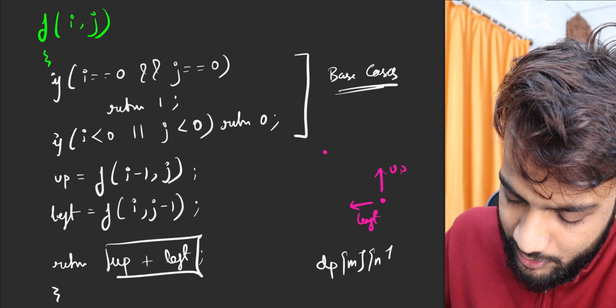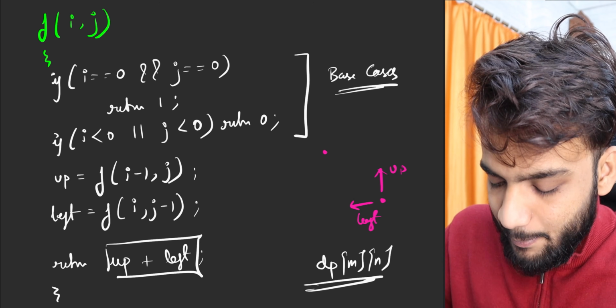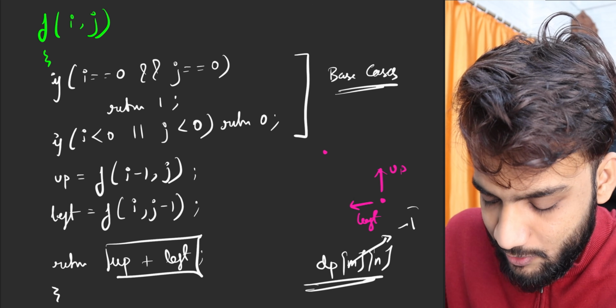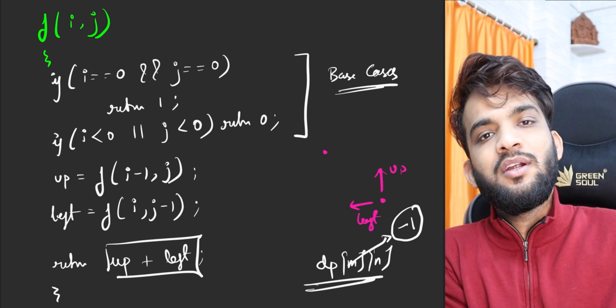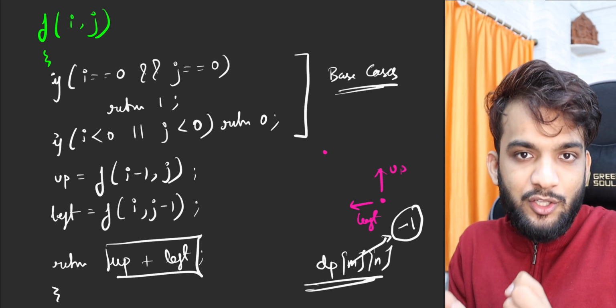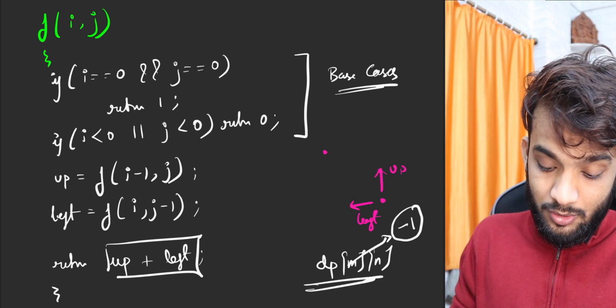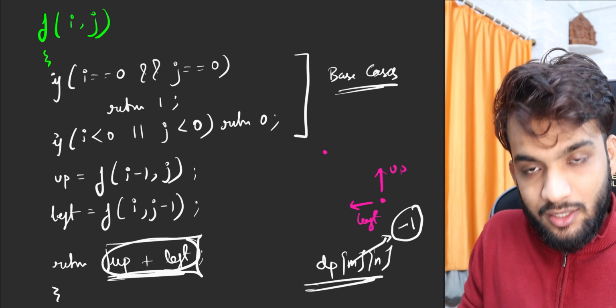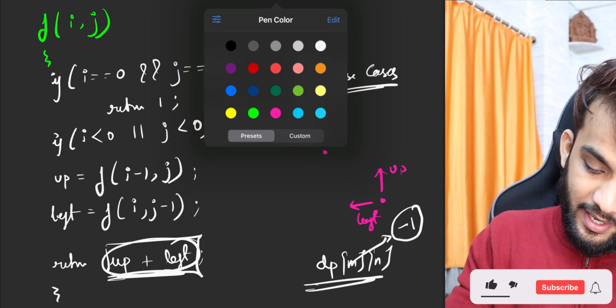If you're using Java, you can easily do this. If you're using C++, you can declare a vector. And make sure everything is initialized with minus 1. That is something which we have to do to make sure that we understand that these values have been previously stored. After this, what is the step 2? Store the answer that you're returning. So kindly go across and store the answer.